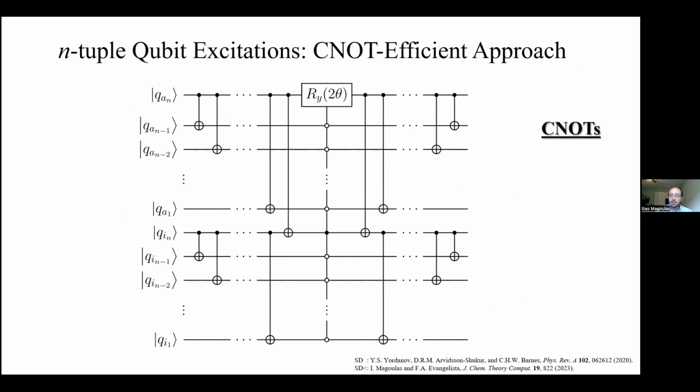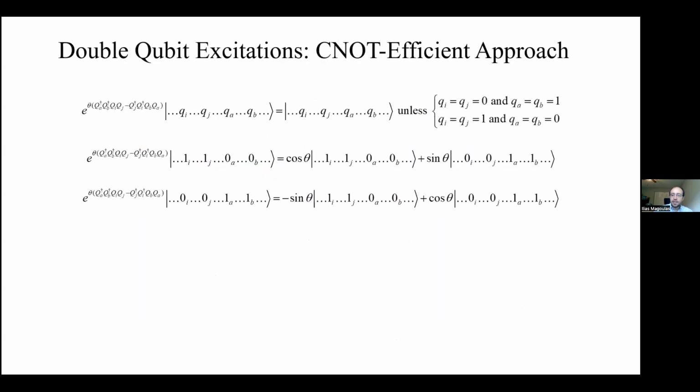Hey, Ilias, can you hear me? Yes. Can I ask you a quick question? So I was sort of waiting to hear how you're able to just do things in terms of the qubit excitations. I mean, don't you have to keep track of the anti-commutation relations? Well, this is already encoded in the translation.